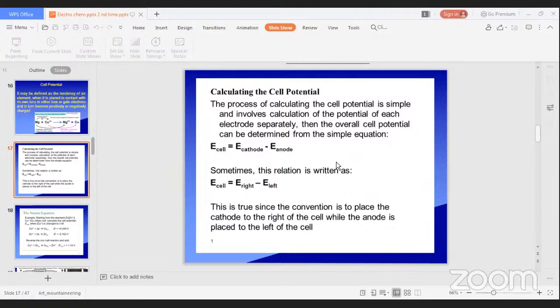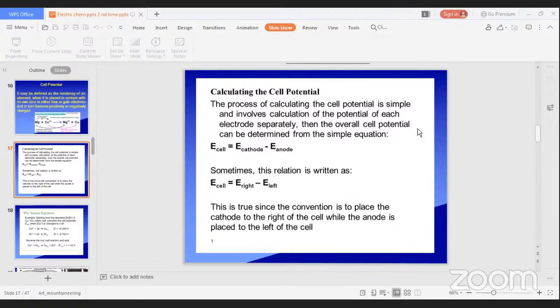Calculating the cell potential value. The process is simple. To calculate the cell potential, we have to take one standard electrode, such as the calomel electrode or the hydrogen electrode.